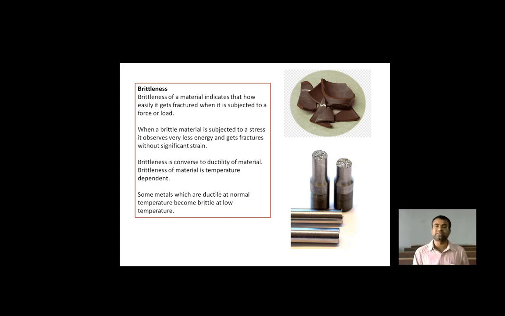As you can see, this is a terracotta cup which breaks down very easily, but this other material is not easily broken. So the brittleness of a material indicates how easily it gets fractured when it is subjected to a force or a load. When a brittle material is subjected to a stress, it absorbs very little energy and gets fractured without significant strain. It doesn't show a full stress strain graph.